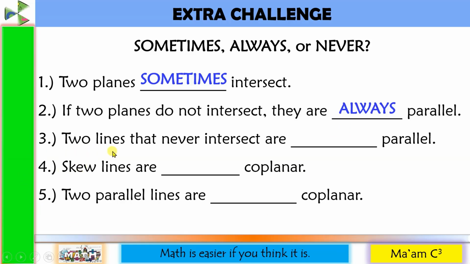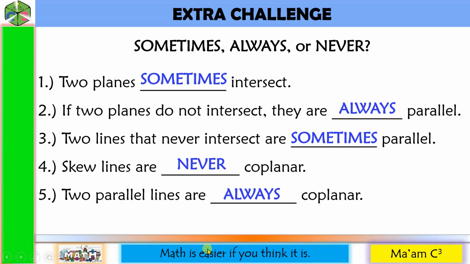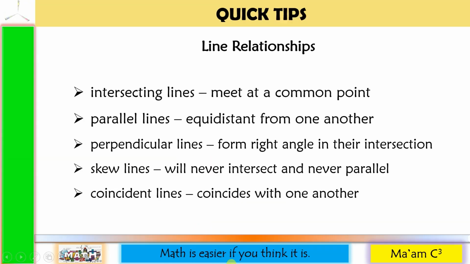Number 3, two lines that never intersect are sometimes parallel, sometimes not. They are parallel if they lie on the same plane and not if they are not coplanar. Number 4, skew lines are never coplanar. And last one, two parallel lines are always coplanar.